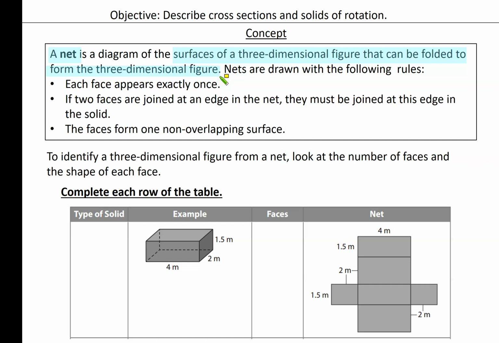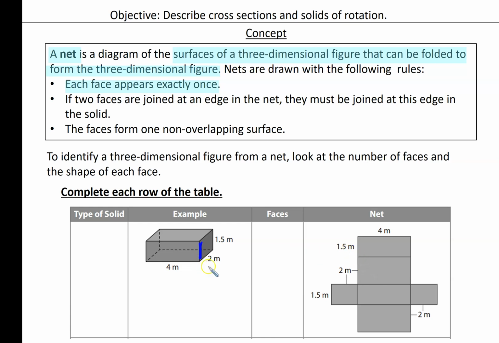So when you draw a net, you need to make sure that each side or face is drawn only once. When you're drawing a net, if two sides are joined by an edge in the solid, in the net they are also joined together.